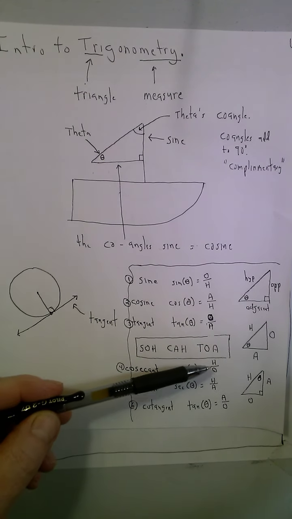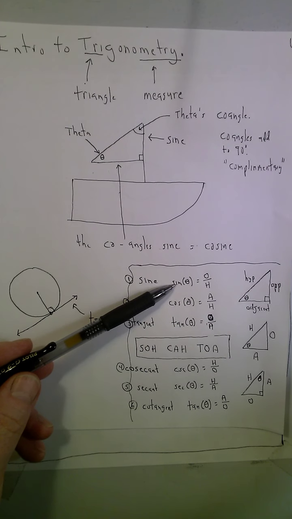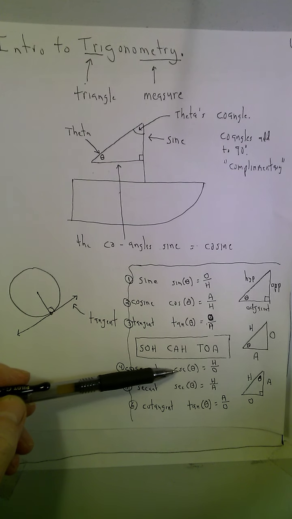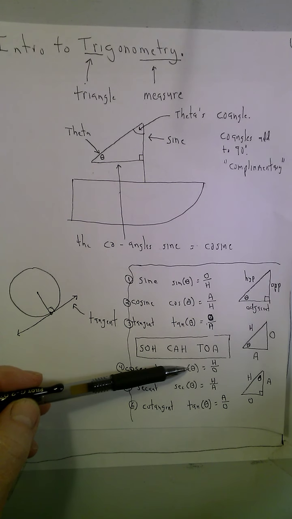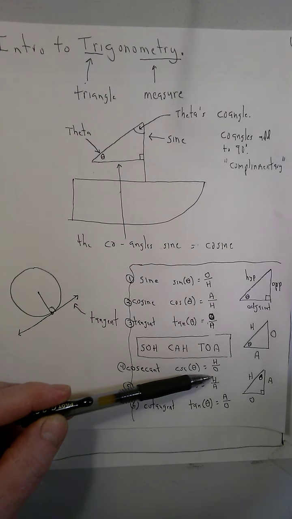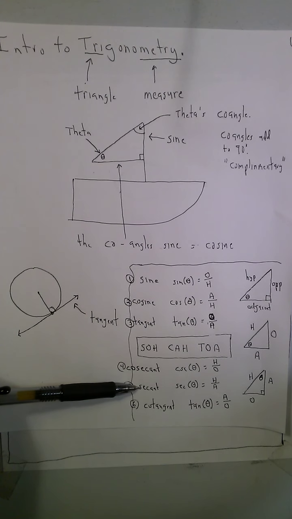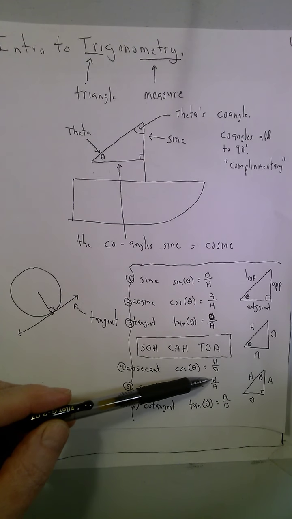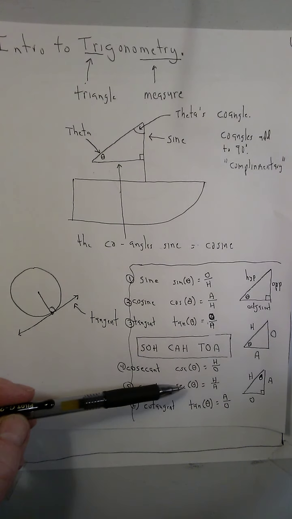Take the sine function, flip it over. That's called the cosecant. So the cosecant of any angle is the hypotenuse over the opposite. The secant, abbreviated SEC, is the hypotenuse over the adjacent. It's the reciprocal of cosine.